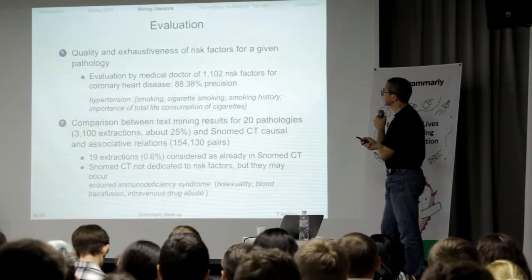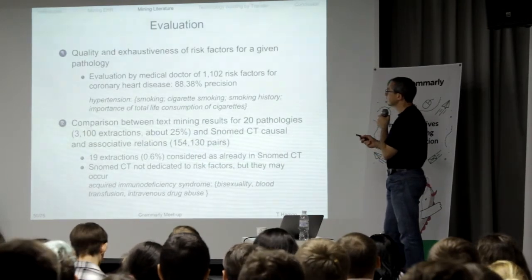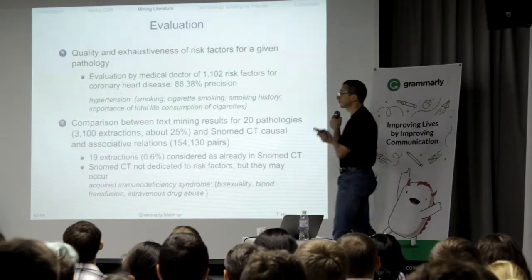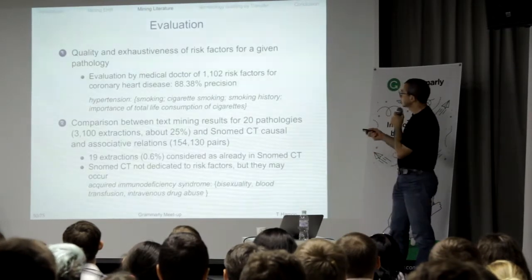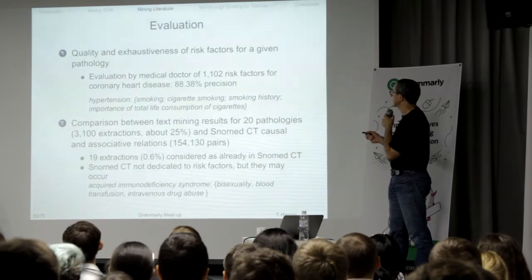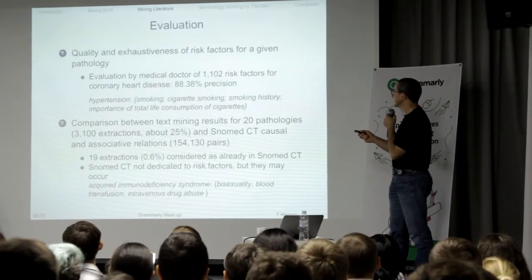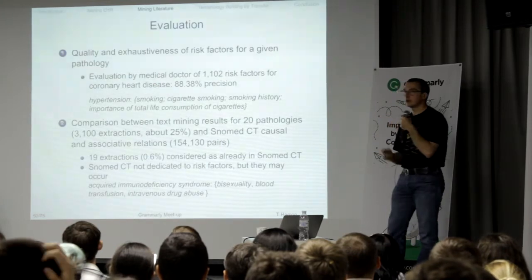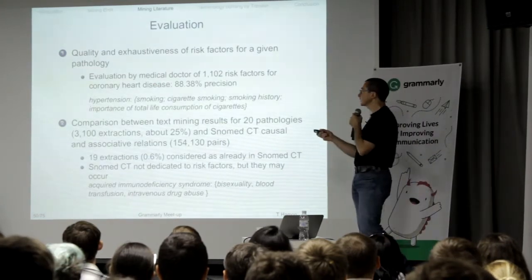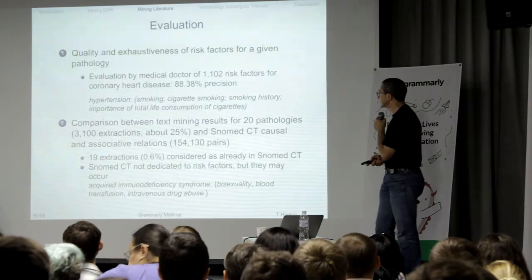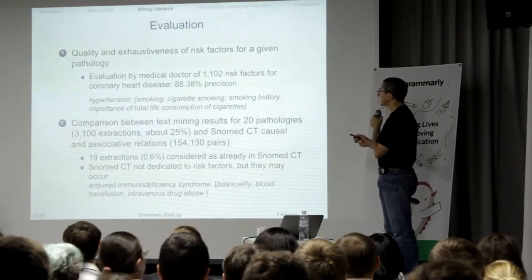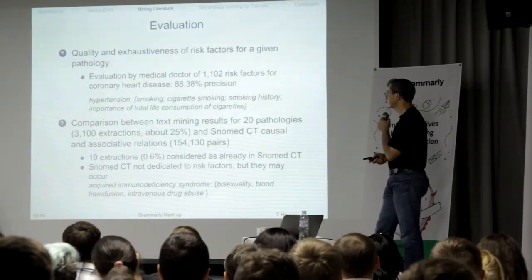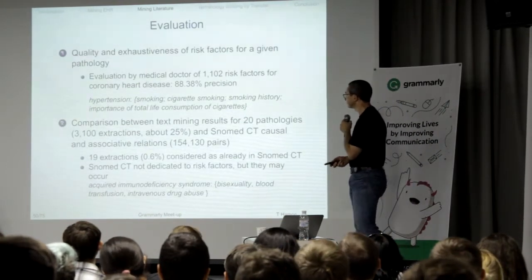The evaluation assesses the quality and the exhaustiveness of the risk factors for a pathology. So we select one pathology, which is coronary heart disease, and medical doctors check all the risk factors related to this disease, and we achieve a precision of 88%.